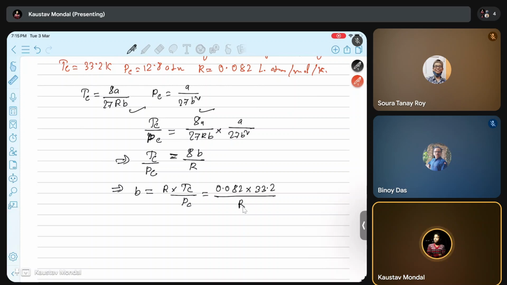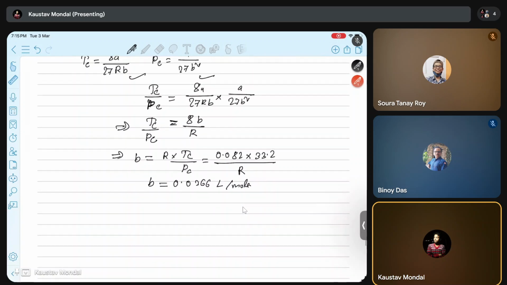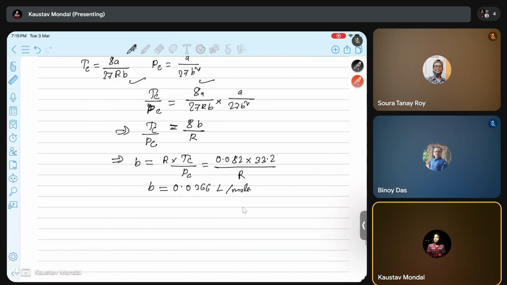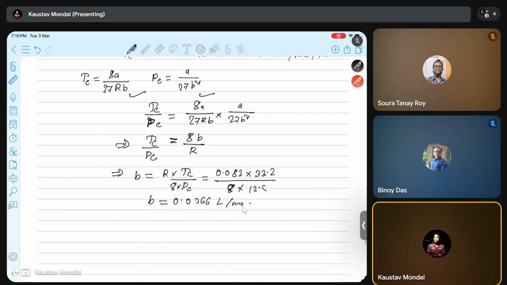If you calculate it, it would give you 0.0266 liter per mole.